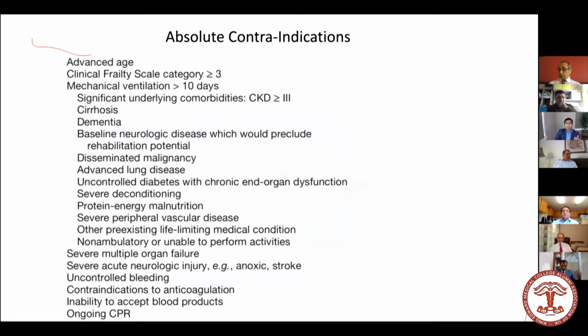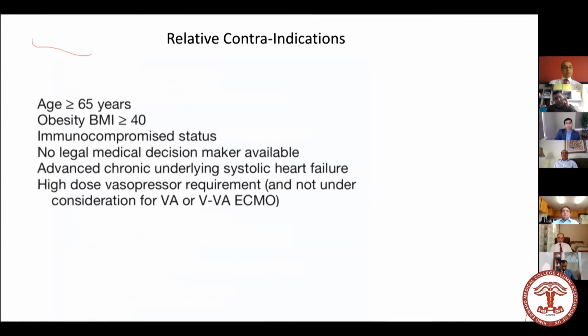There are multiple contraindications to ECMO because it's a very expensive treatment, and there is only limited availability of it. In the whole med center where we have 2,500 ICU beds, we only have 100 ECMO capacity. Most of these are related to what their expected life expectancy is, and there are some relative contraindications as well.